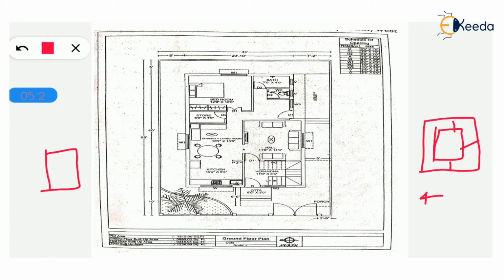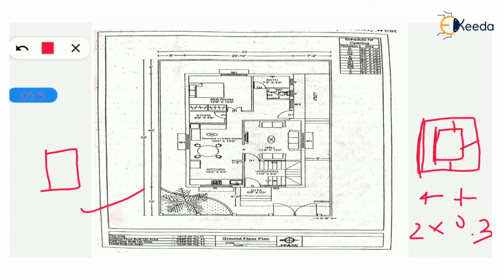If 4 meter is the dimension of the room, add 2 times the wall thickness, and if I consider the wall thickness to be 0.3, the outer dimension is 4 plus 2 into 0.3, which means 4.6. It means the internal line has a dimension of 4 meter and the outer line has a dimension of 4.6 meter. Likewise, we can extend the plan and make the plan like this, as you can see over here.